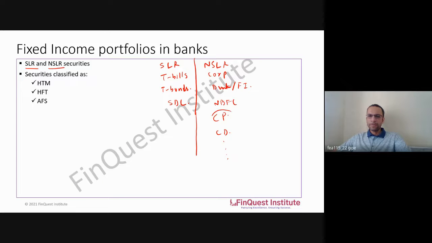So what is commercial paper? So this might be covered in your financial institution subject. So what do you mean by a CP, and what's the purpose of a CP?